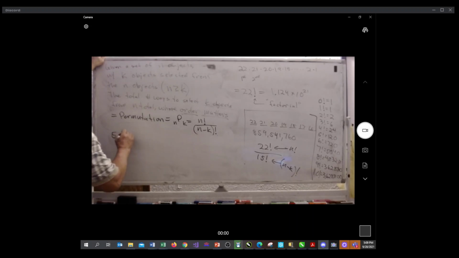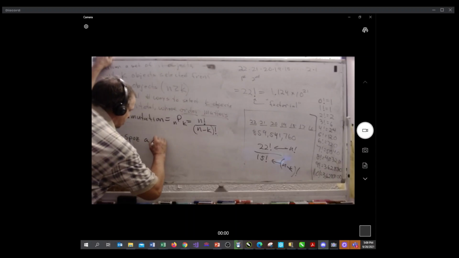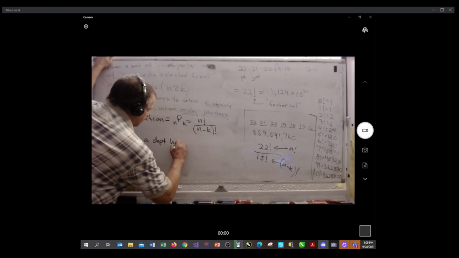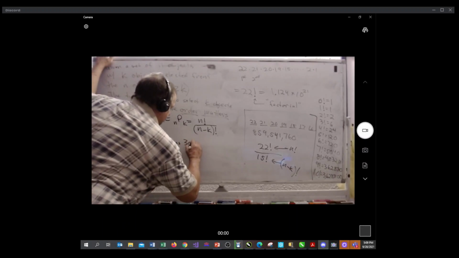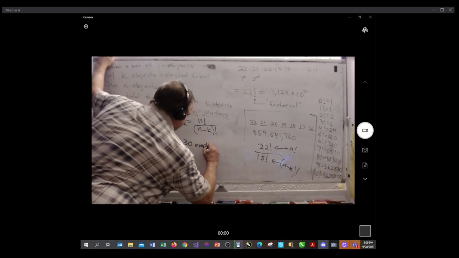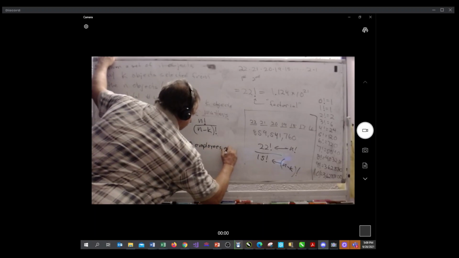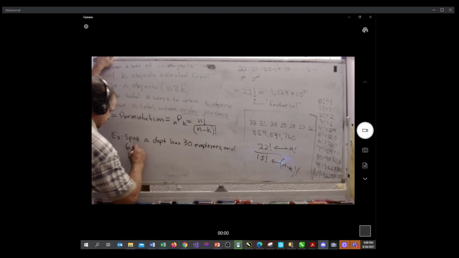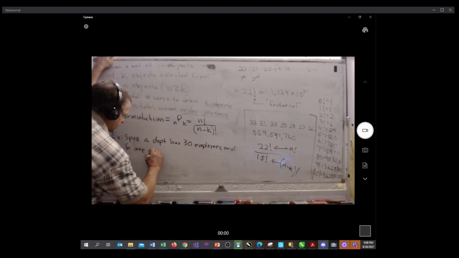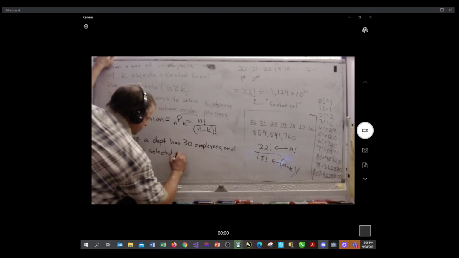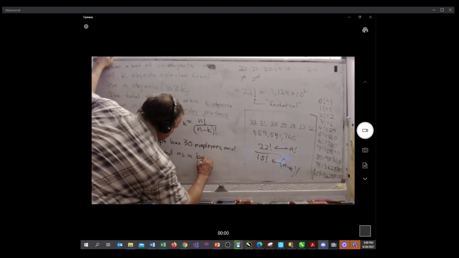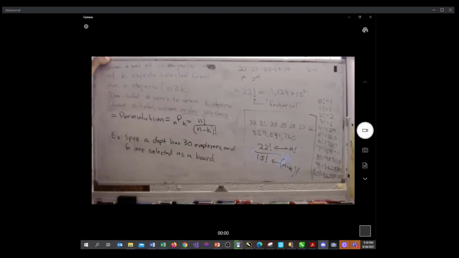Here's another example. Suppose a department at work has, I don't know, 30 employees, and 6 are selected as a board. Maybe it's a ball team.